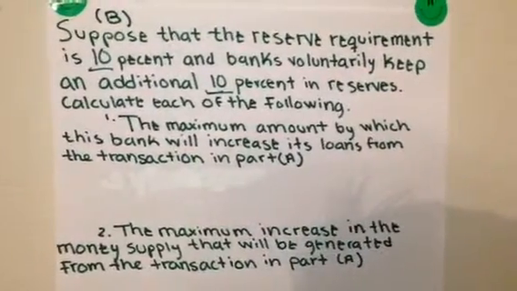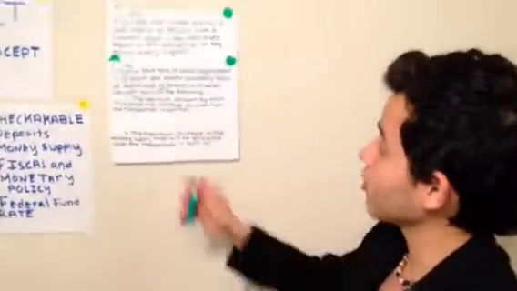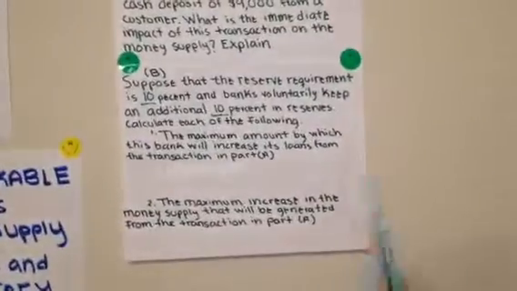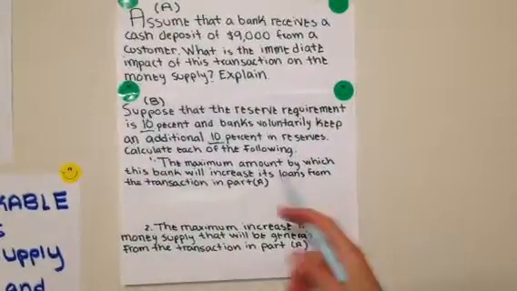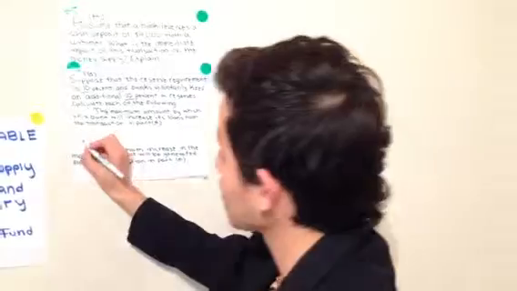So to find the maximum amount that this bank will increase its loans, we need to go back to the problem and check how much percent was kept in the reserves. So we get the 10% that is required, and the other 10% that they kept, even though they didn't have to. That 10 and 10% will equal 20%.